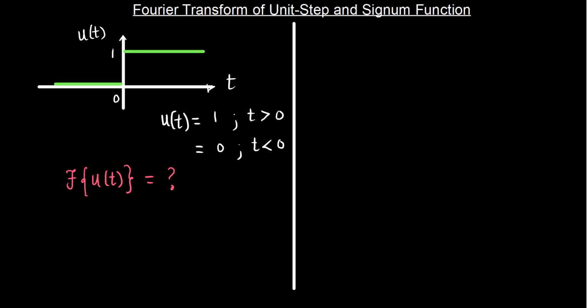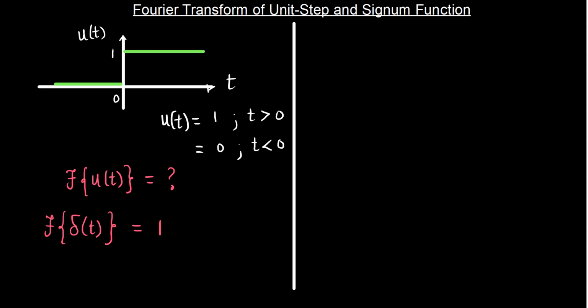Let's apply some properties, because the properties will help us in deriving it. We have already seen that the Fourier transform of an impulse, F of del t, is 1. It's unity. We saw that in the previous lecture.